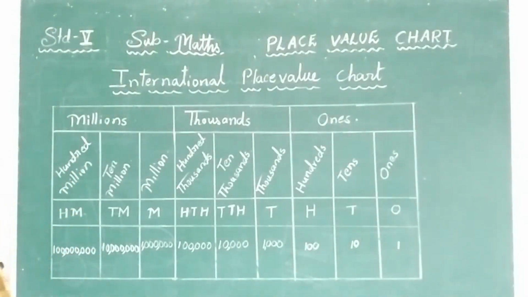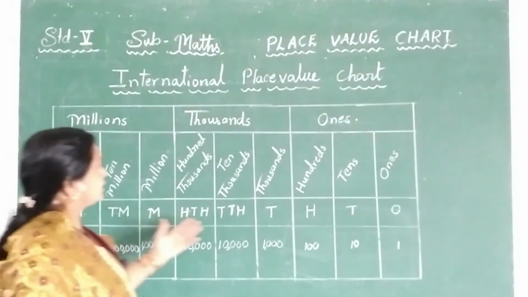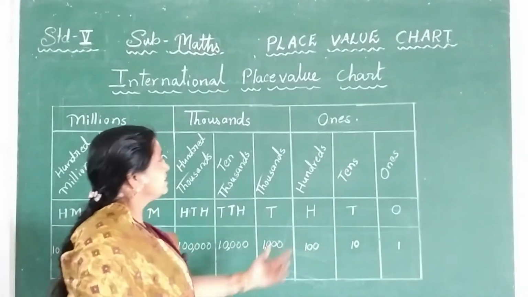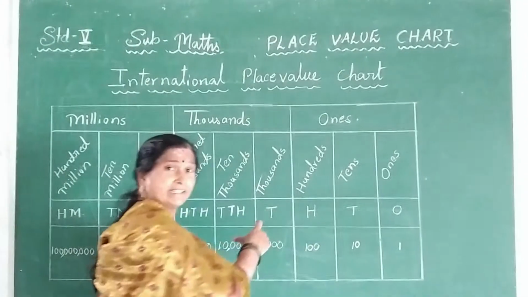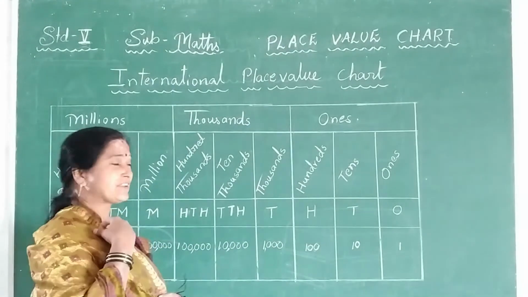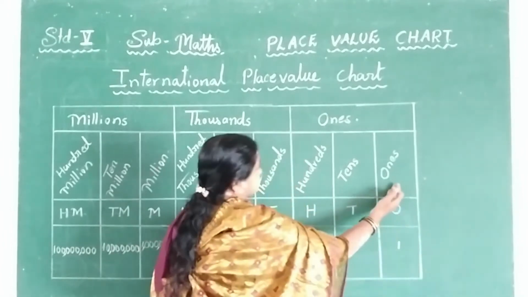First, this is the place value chart of international system. This is also the same as the Indian system, but a little bit of difference is there. See, this is ones.